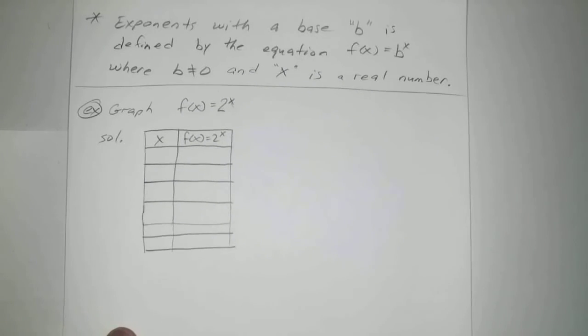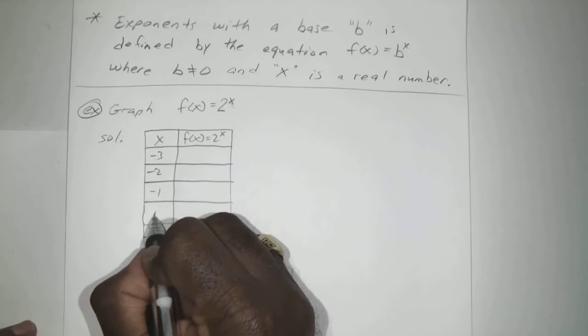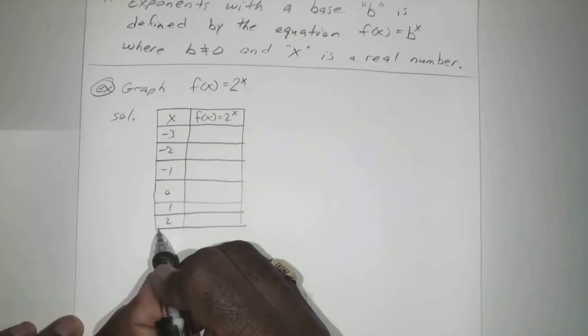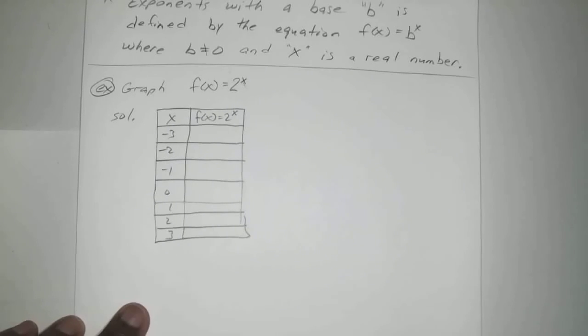Let's say we go -3, -2, -1, 0, 1, 2, and go 1 more to 3, just to keep it symmetric.